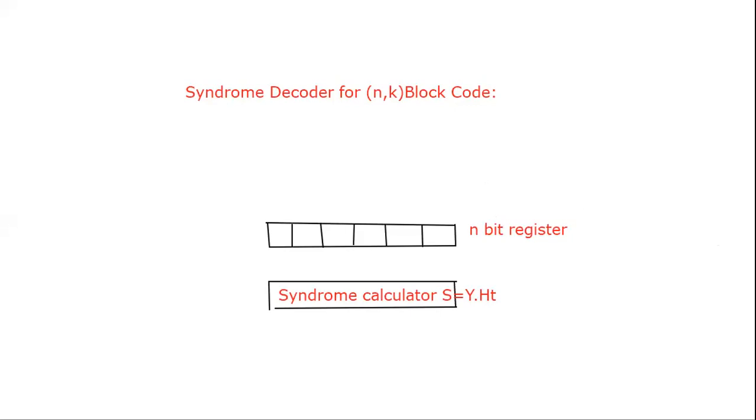So here S is equal to Y into H transpose. If you want to write R into H transpose, you can take R1, R2, R3, R4 and so on.